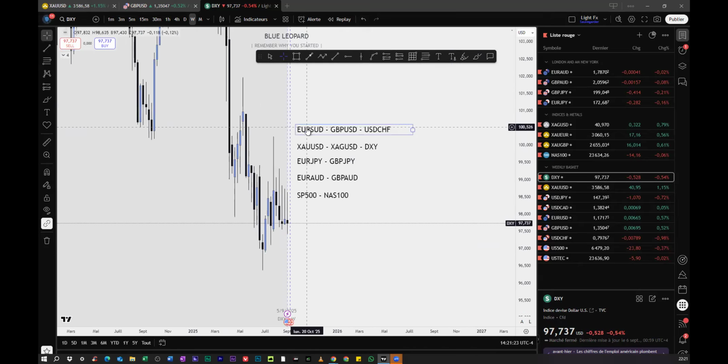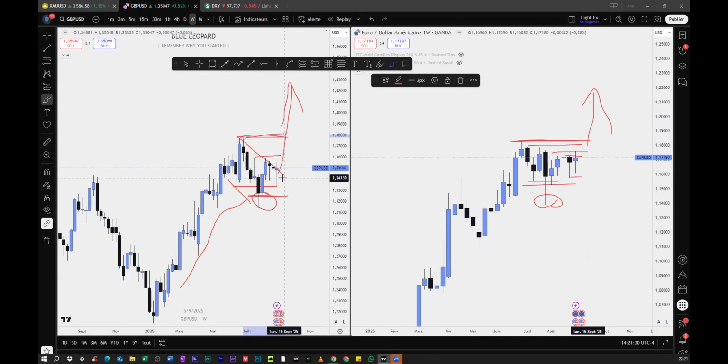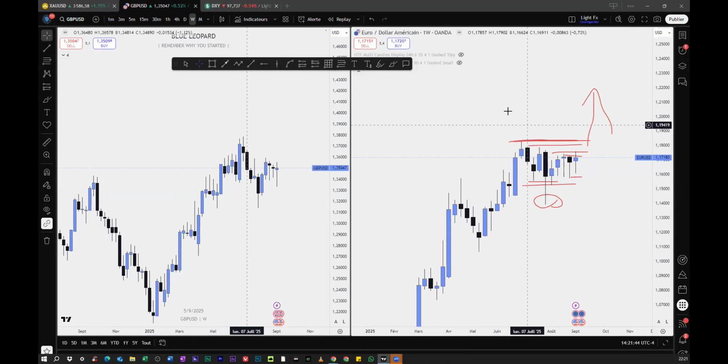We are doing Euro USD and GBP USD, okay? You see how price retraced, and then after this rejection here, price is not showing any bearish intention. Every time it's trying to go lower, price is getting rejected, okay? So it's refusing to go lower.